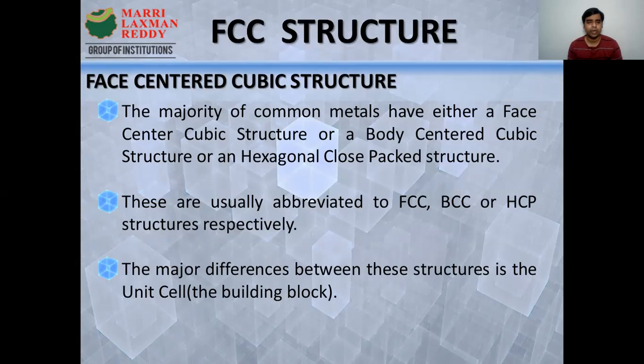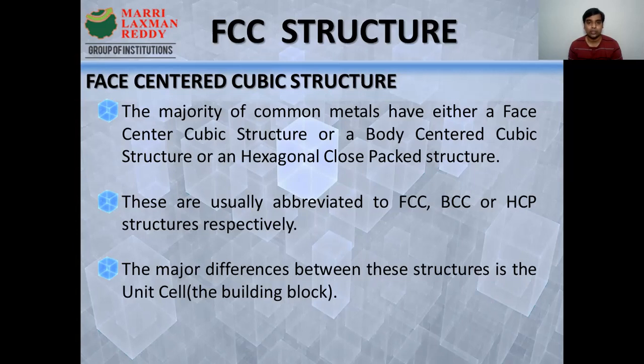Many of you know that matter is made up of atoms and molecules, and matter exists in different states like solids, liquids, and gases. When it comes to solids, solids have fixed shape and volume because atoms have fixed positions.